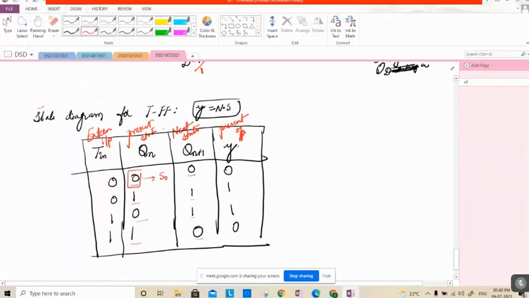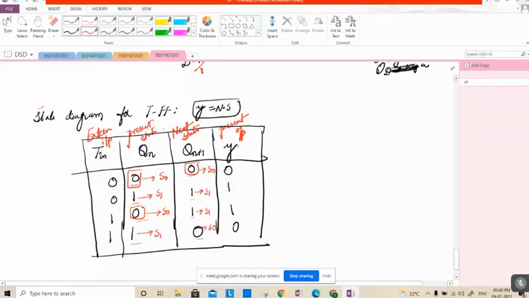If it is S0, this is also S0. And if this is my S1, this is also my S1. The same values can be substituted here also. This is S0. This is S1. This is S1. And this is my S0.